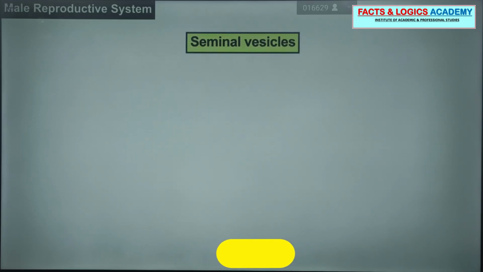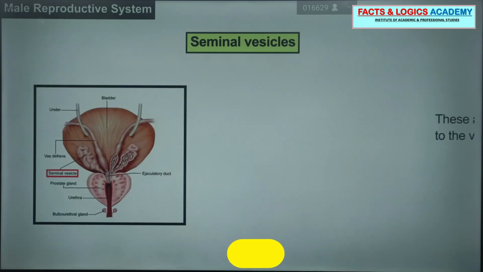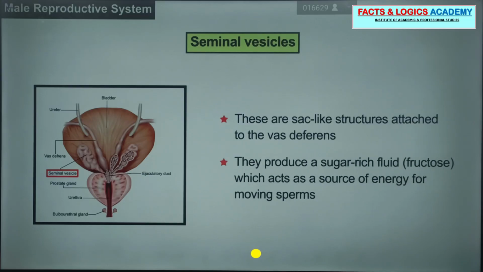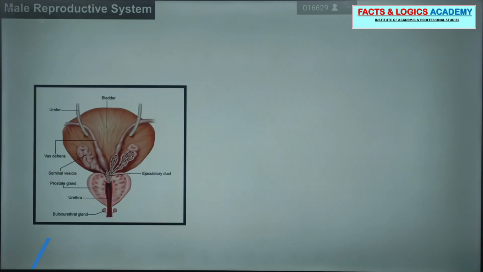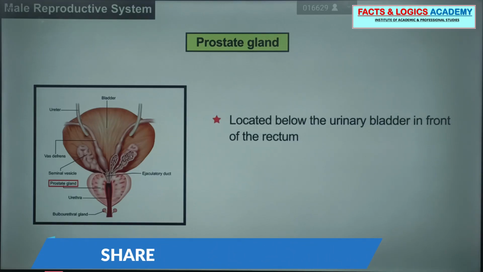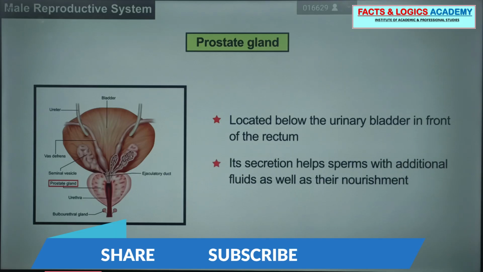First is the seminal vesicle. These are sac-like structures attached to the vas deferens. They produce a sugar-rich fluid, fructose, which acts as a source of energy for the moving sperms. Second is the prostate gland. Well, it is located below the urinary bladder in front of the rectum. Its secretion helps the sperms with additional fluids as well as their nourishment.